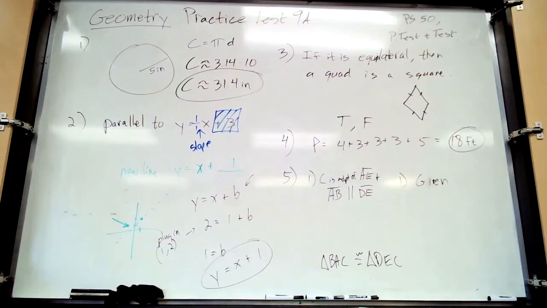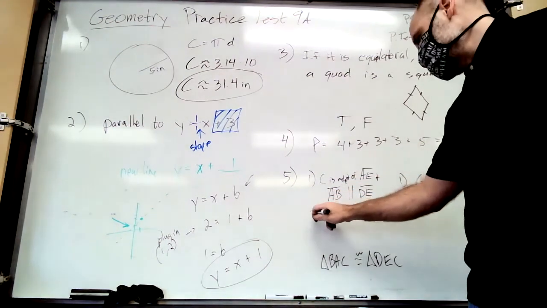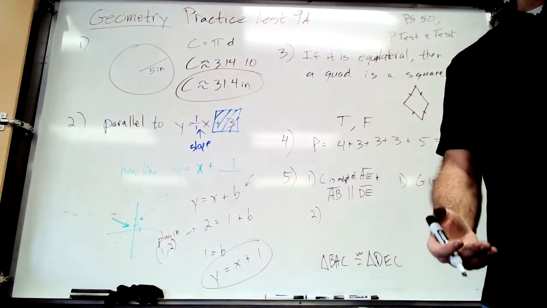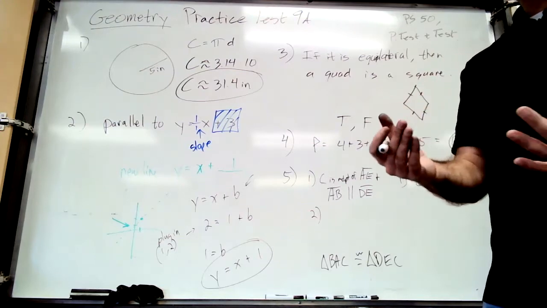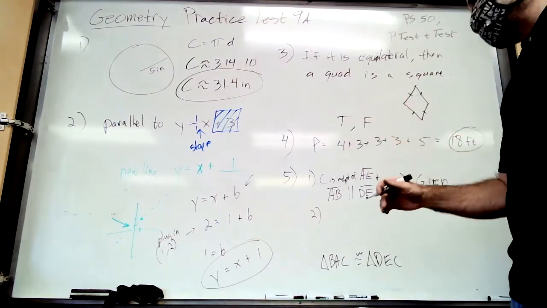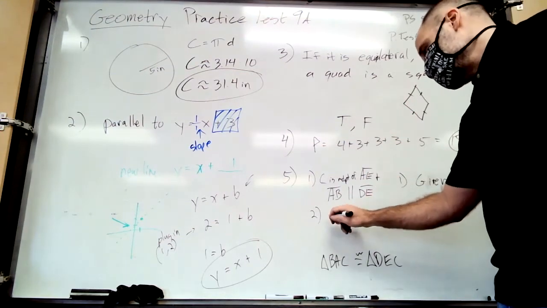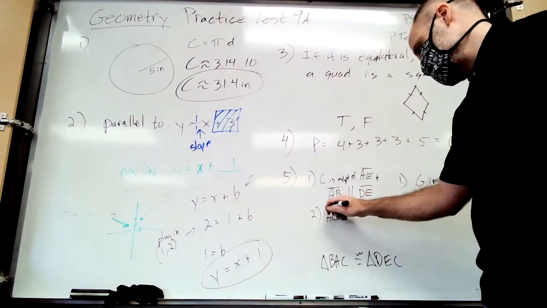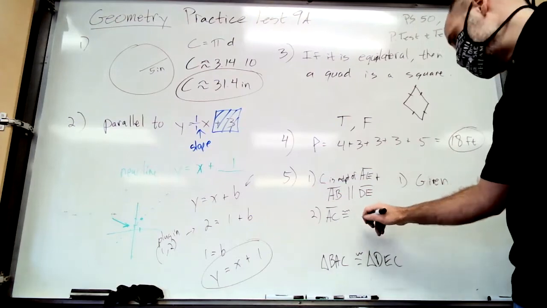So that's the definition of midpoint: AC equals CE, or AC is congruent to CE. So I'm going to write that. Step 2, and the order doesn't really matter from here. You're trying to find S's and A's, so it doesn't matter what order you do it in. So I'm going to say AC is congruent to EC.